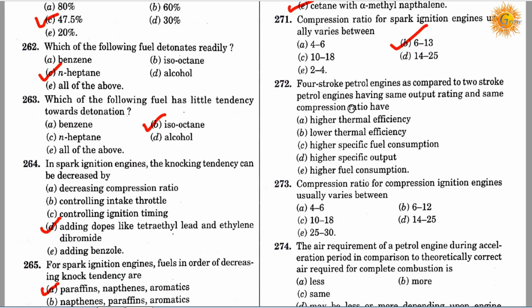Question number 272. 4-stroke petrol engines as compared to 2-stroke petrol engines having same output rating and same compression ratio have option A, higher thermal efficiency, option B, lower thermal efficiency, option C, higher specific fuel consumption, option D, higher specific output, option E, higher fuel consumption. So the correct answer will be A, higher thermal efficiency.